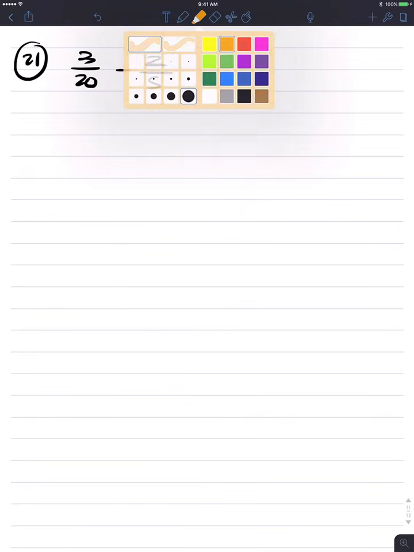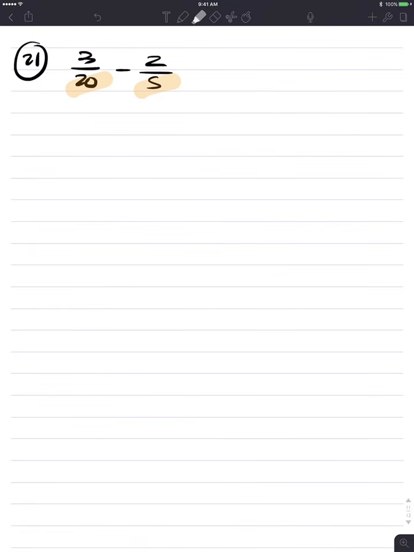Number 21. Three twentieths minus 2/5. These denominators are not like. We're going to have to use our format.